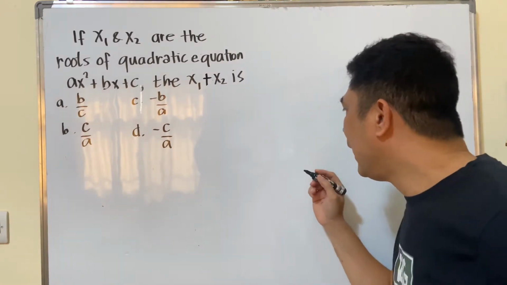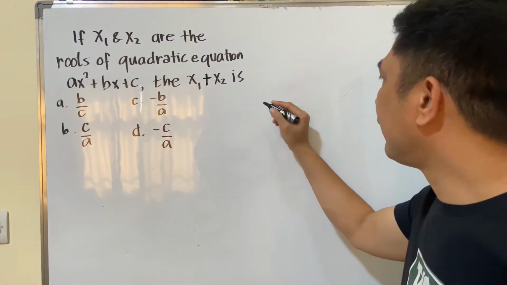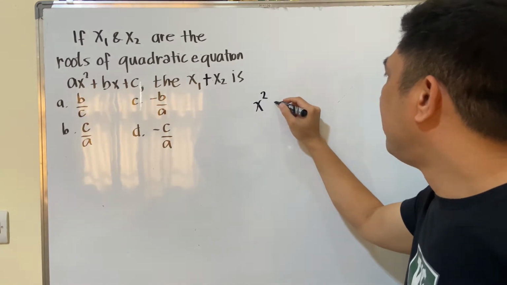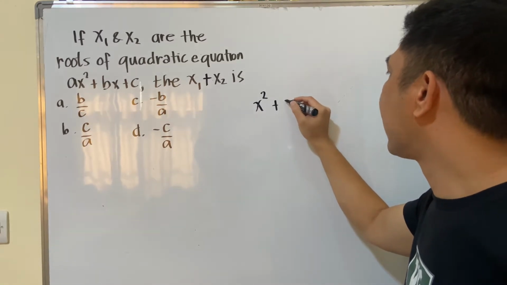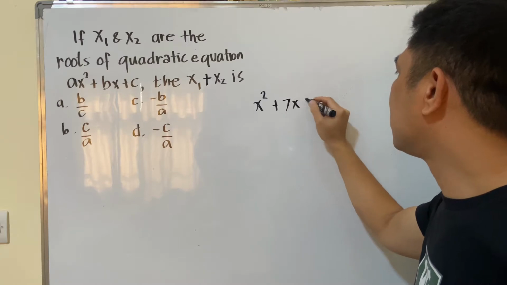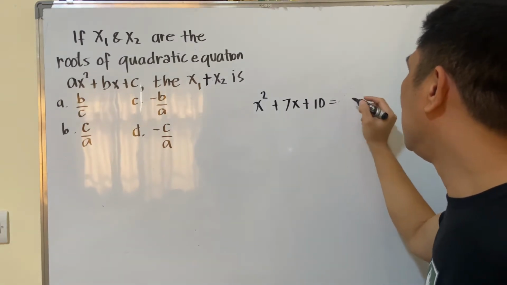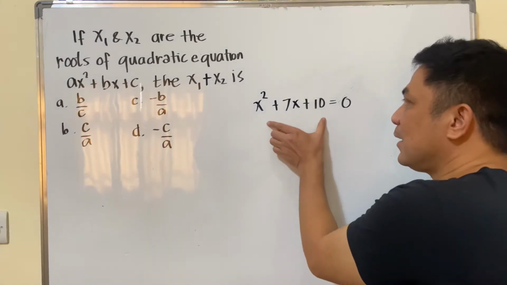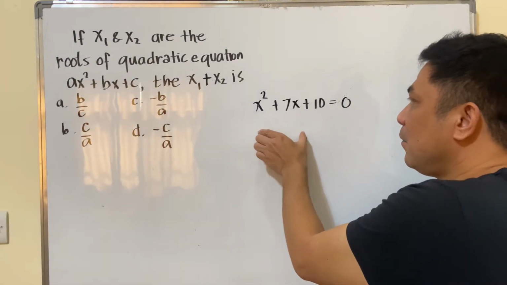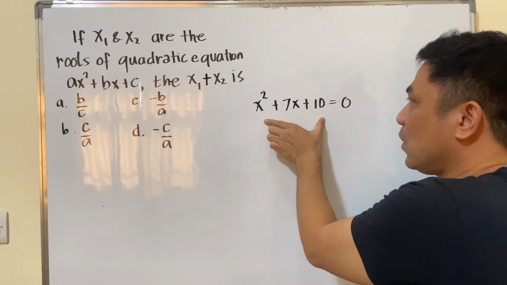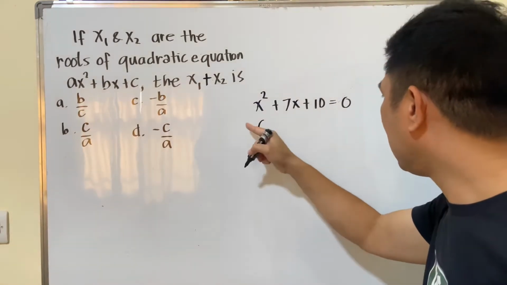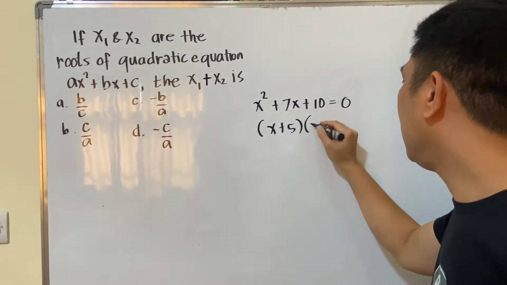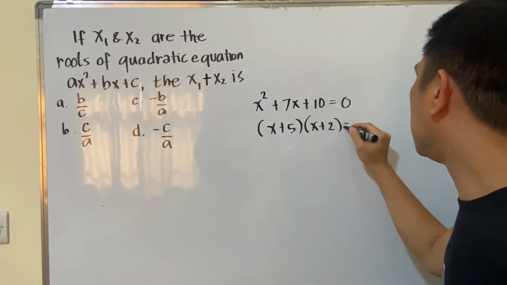So for example, I have here x squared plus 7x plus 10 is equal to 0. We have this quadratic equation, and we have the roots of this equation. If I try to factor this, it is (x plus 5)(x plus 2) equal to 0.